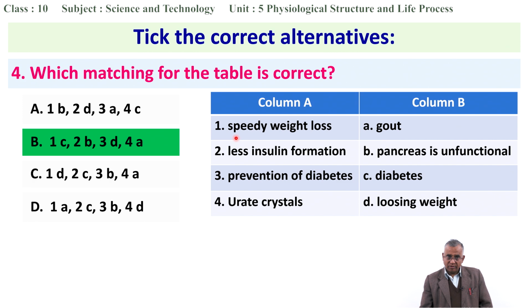B is correct. 1C, speedy weight loss is related with diabetes. 2B, less insulin formation when the pancreas is not functional. 3D, prevention of diabetes is losing weight. And 4A, urate crystal in gout.